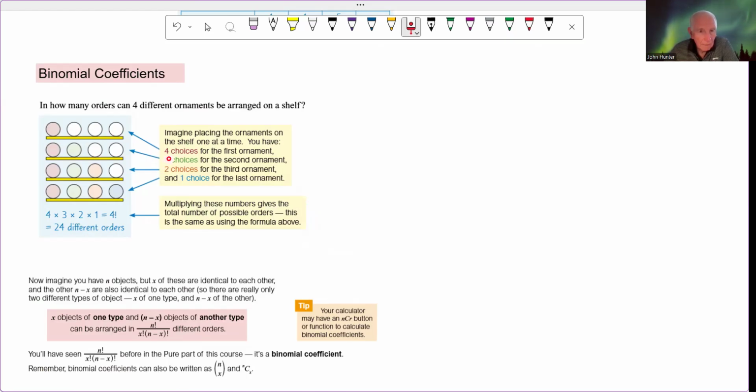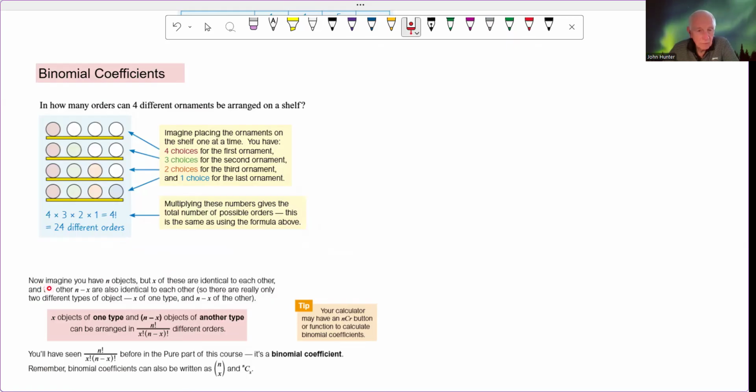We've got 4 choices for the first ornament, so we're filling the first location with 4 different places that we can put it. 3 choices for the second, 2 for the third, and 1 for the last. If we multiply those together, we get 4 times 3 times 2 times 1, which equals 4 factorial, and that's 24 different arrangements.